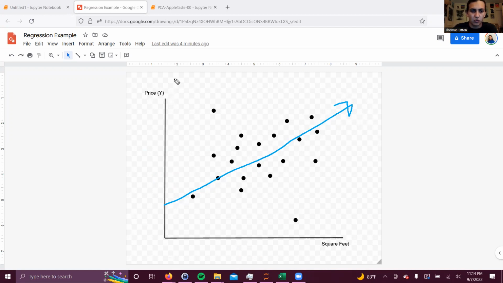It says that your y value is equal to, in econometrics, you will learn this as a beta value or a b value, predicted beta. But we'll just say a slope times an x value plus a constant.